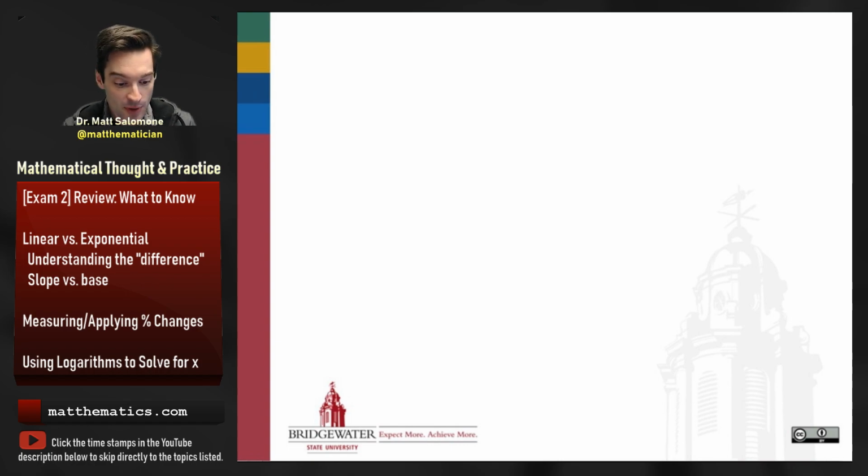And then probably the step of algebra that is the most confounding in this chapter, which also puts it in the running for the most confounding thing in this entire course of mathematical thought and practice: how do we use logarithms to solve exponential equations? In other words, how do we use a logarithm to rescue a variable like x from out of the exponent in an exponential expression?